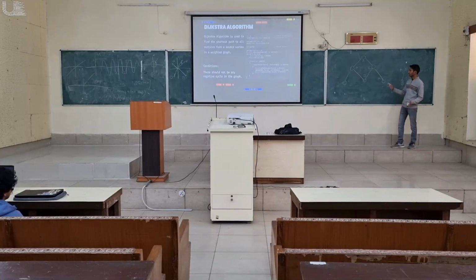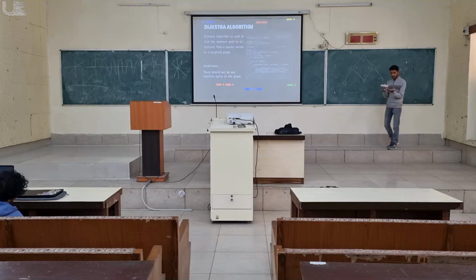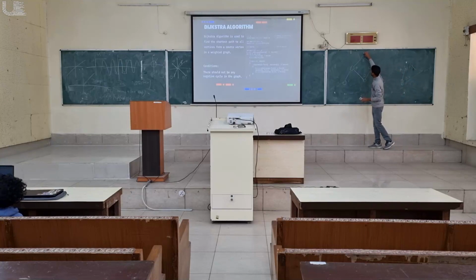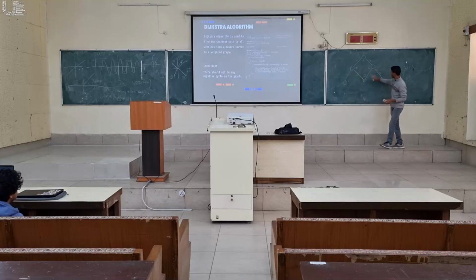Right, from here हम करते हैं. This is the algorithm की ऐसी टेक्निक है कि we are in the root node. These are all the weights of all the edges.